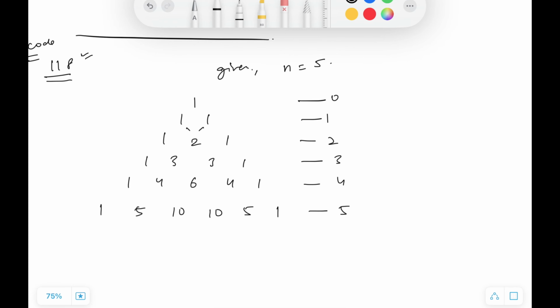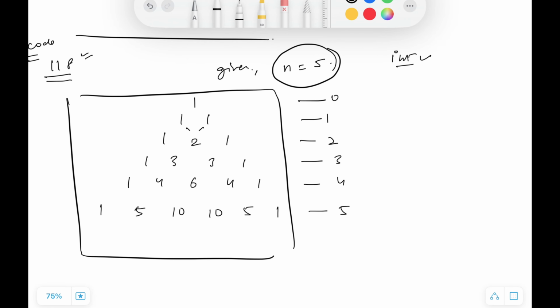We are going to be given an integer, and what we have to return is this in a data structure, maybe a list of integers. Here it is clear that we always start with 1. The first row is always ready with us.